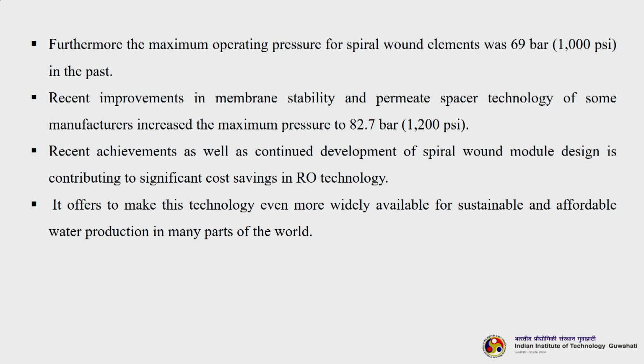Recent improvements in the membrane stability and permeate spacer technology of some manufacturers have increased the maximum pressure to 82.7 bar, or 1200 psi. Recent achievements as well as continued development of spiral wound membrane module design is contributing to significant cost savings in the RO technology. Now, it offers to make this technology even more widely available for sustainable and affordable water production in many parts of the world.